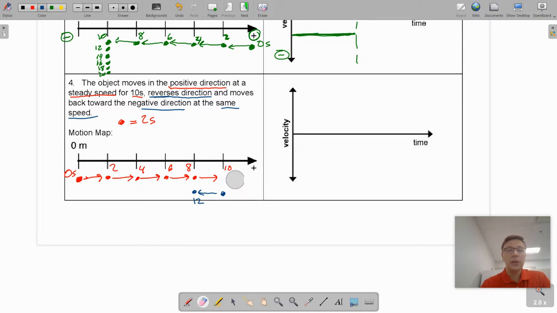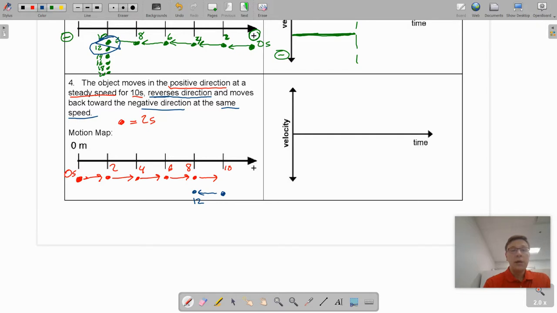So it would look like that. Okay, that would also be fine if you do it like this. Okay, so just want to show that the object gets to 10 meters or whatever position this is at 10 seconds, and then it turns around and goes the other way. We don't want to stack those dots because if we stack them, then it would be just like this right here up above in the last problem right there. That implies that the object is standing still.